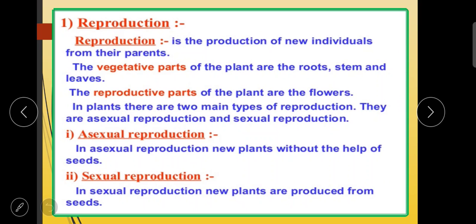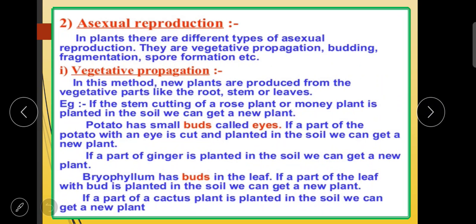As per our topic, we have seen that the types of reproduction are asexual reproduction and sexual reproduction. Asexual reproduction is the one in which new plants are produced without the help of seeds, and in sexual reproduction new plants are produced from seeds. In asexual reproduction, there are different types like vegetative propagation, budding, fragmentation, and spore formation.